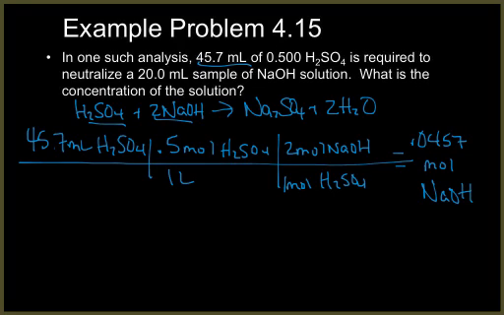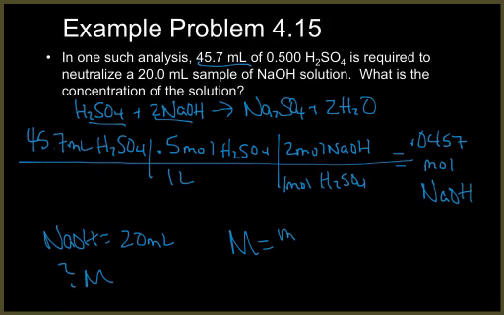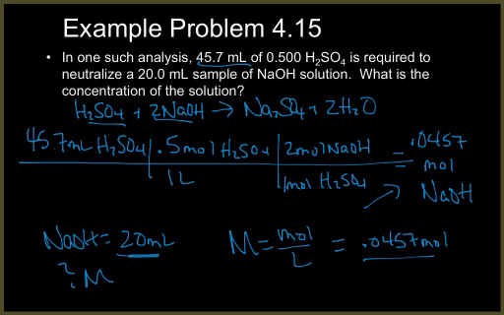So if the sample of NaOH was 20 milliliters, we can now figure out the molarity, because we know the molarity is moles per liter. Moles I just figured out, so 0.0457 moles per 20 milliliters, which I'm going to change to liters, 0.020 liters.